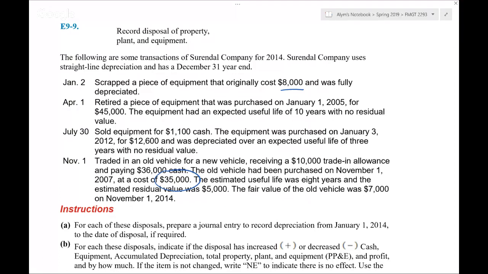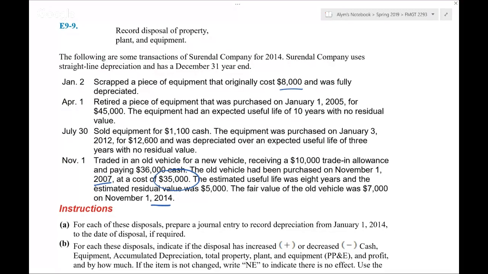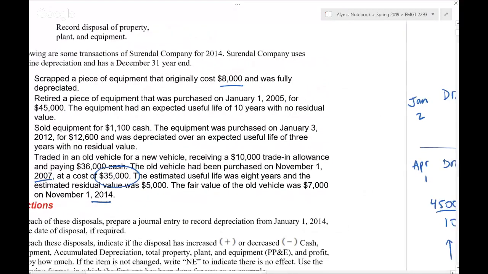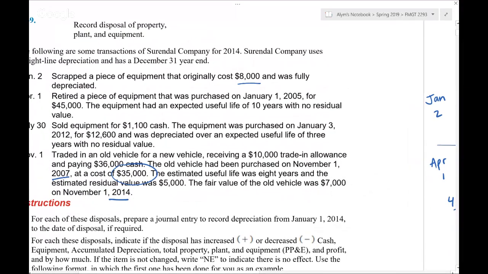That was back in 2007. It is now November 1st, 2014, so not 9 years, my apologies, 7 years later. Are we past 8 years? Let's just take a look here. We bought it November 1st, 2007. It's now November 1st, 2014.